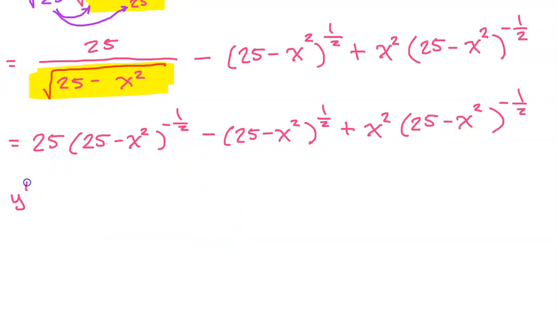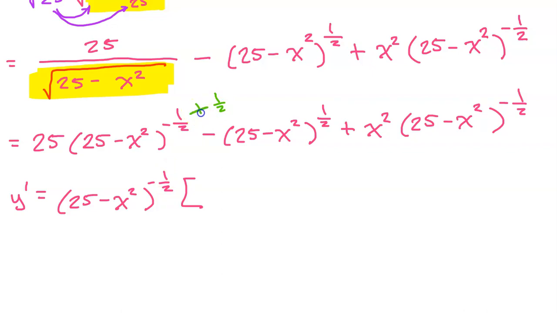It is time to factor out the common factor of 25 minus x squared. But what power are we going to use? We're going to take the lowest exponent, which is -1/2. So there's my GCF. When you factor out a GCF, you are really dividing by that common factor. And when you divide a base with an exponent, you subtract that power. So I need to subtract -1/2.